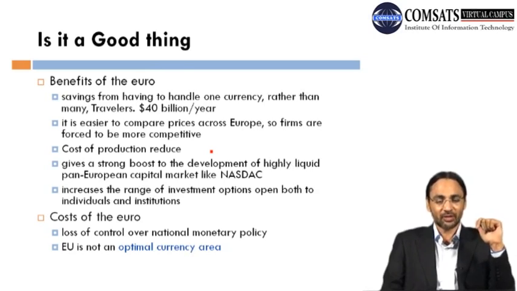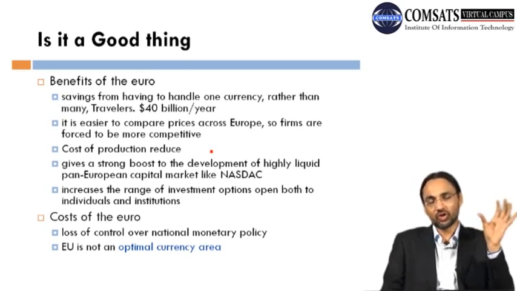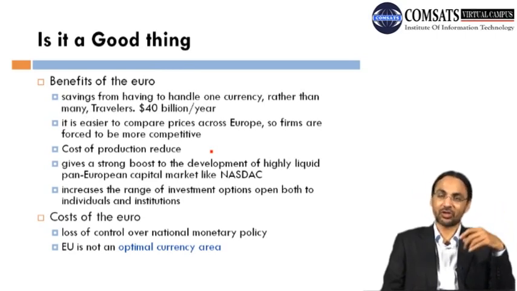EU is not an optimal currency area. Optimal currency area means that, before the EU, we can see that labor wages differ across the countries. Might be in Sweden it's much higher compared to Greece. In Greece, labor is different, and the production efficiency in Sweden might be different, they are really famous with the steel industry, and they are famous with the arsenal.